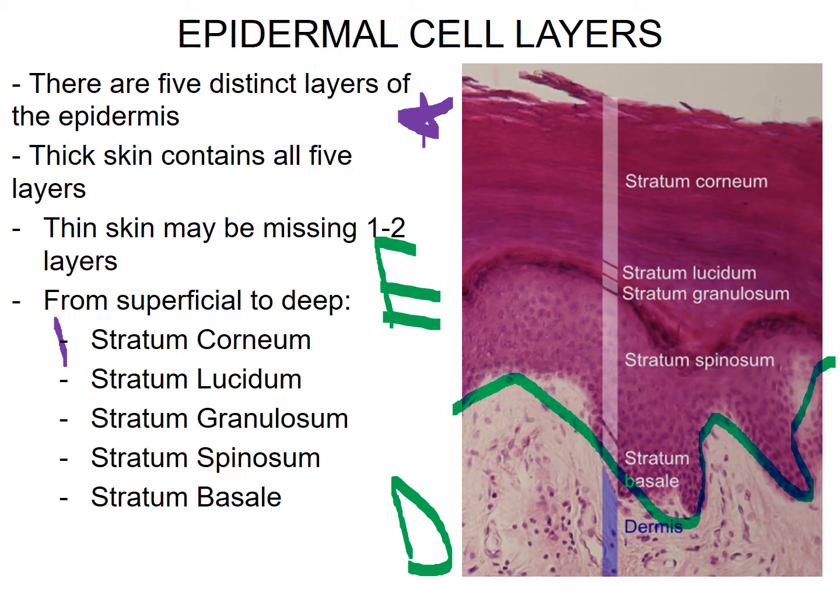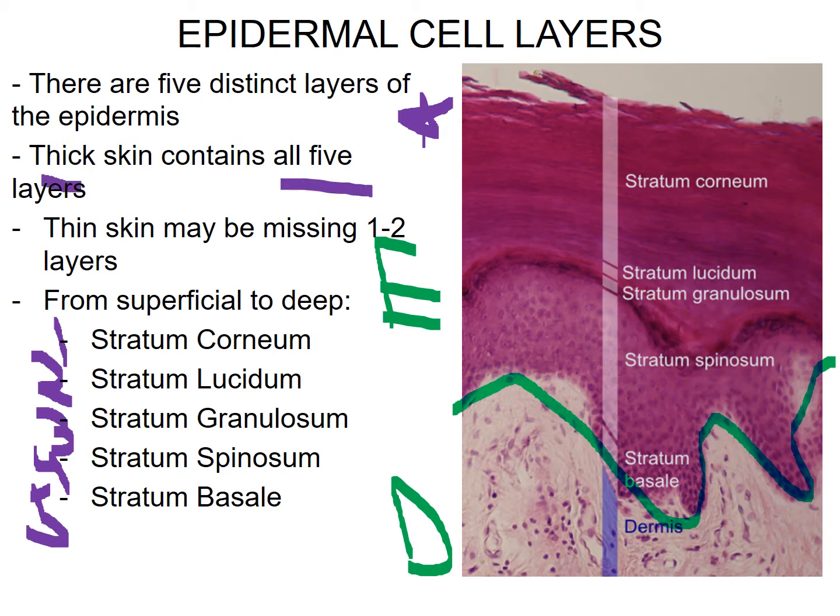That's actually what's touching the outside environment, if you will, or what the air is surrounding. Then we have the stratum lucidum. Followed by that, a little deeper, is the stratum granulosum, then the stratum spinosum, and the stratum basale, or that basal layer. Now, this is thick skin. Thick skin has all 5 layers.